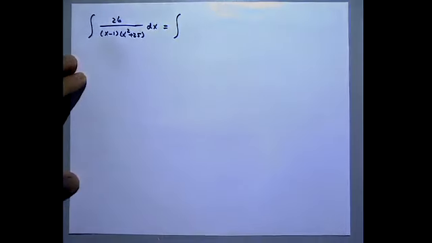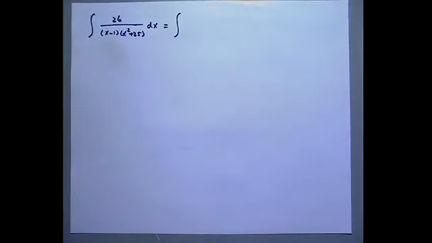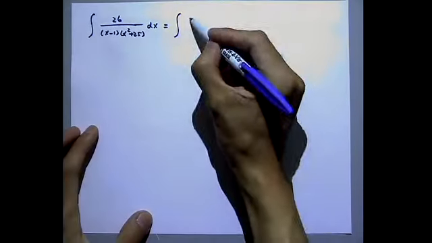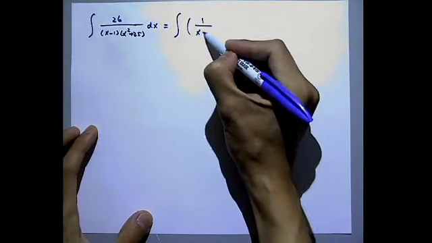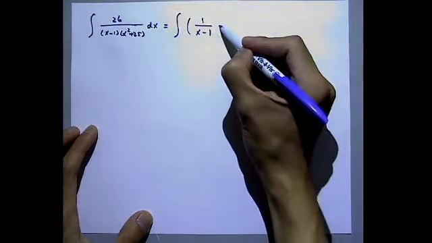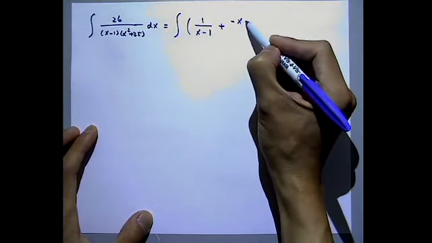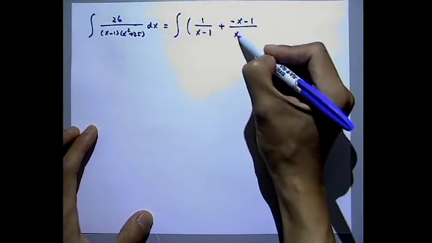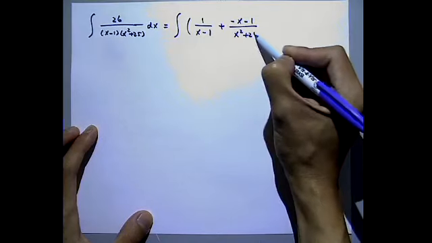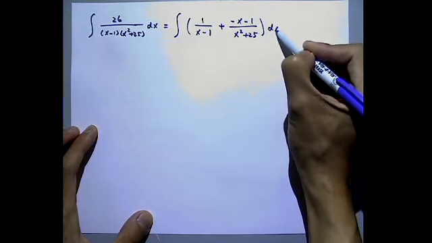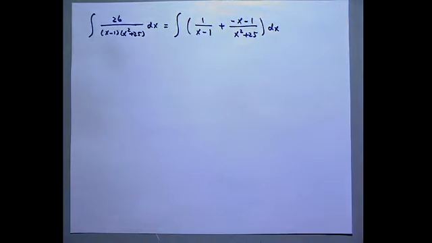And we found out that this is equal to 1 over x minus 1 plus minus x minus 1 over x squared plus 25. Right? So just putting in my a, b, and c, here's what I got.